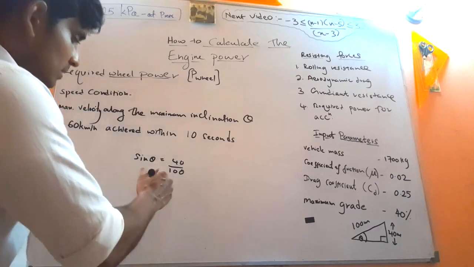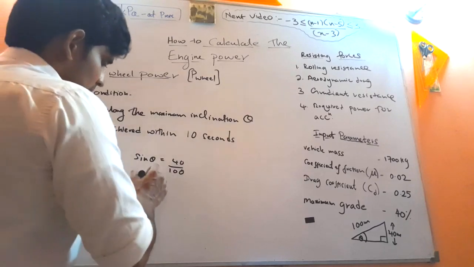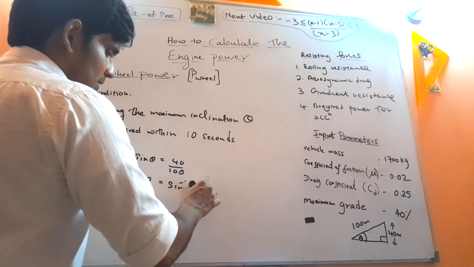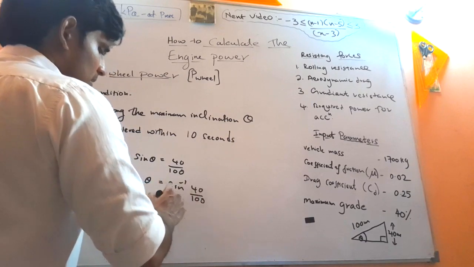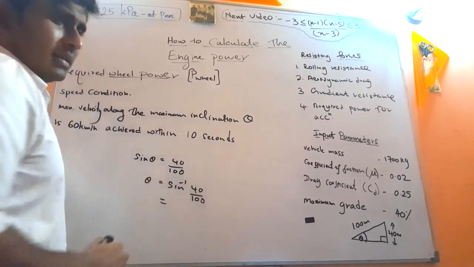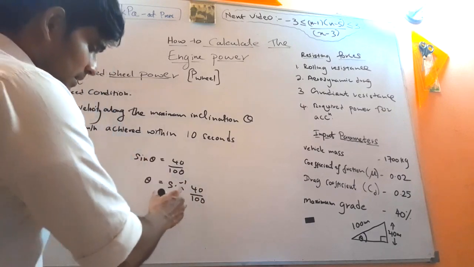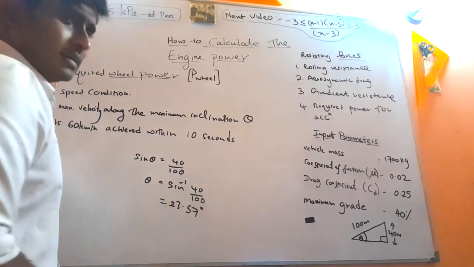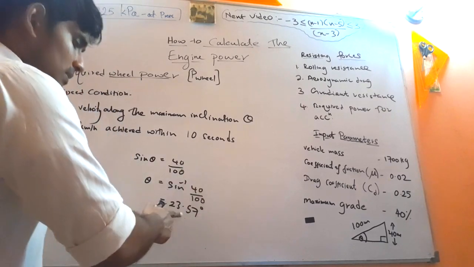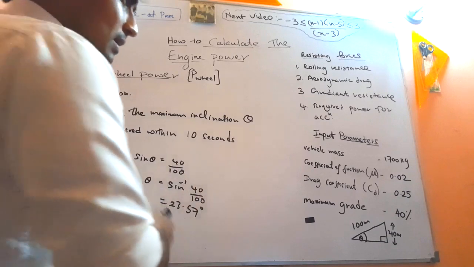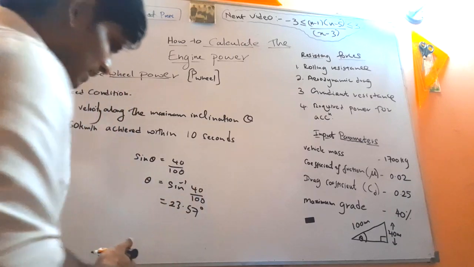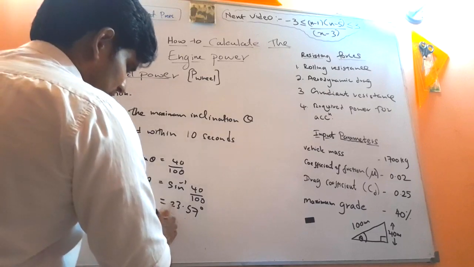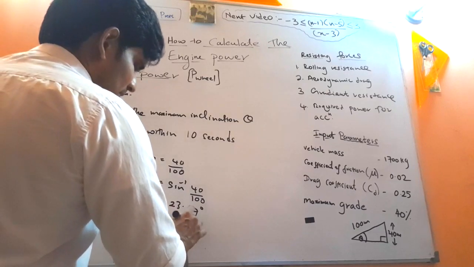So theta equals sin inverse of 40 divided by 100. If you calculate that, the answer is 23.57 degrees. Be very careful about the angle, whether it is in degrees or radians. For our convenience, we will consider this as 24 degrees.